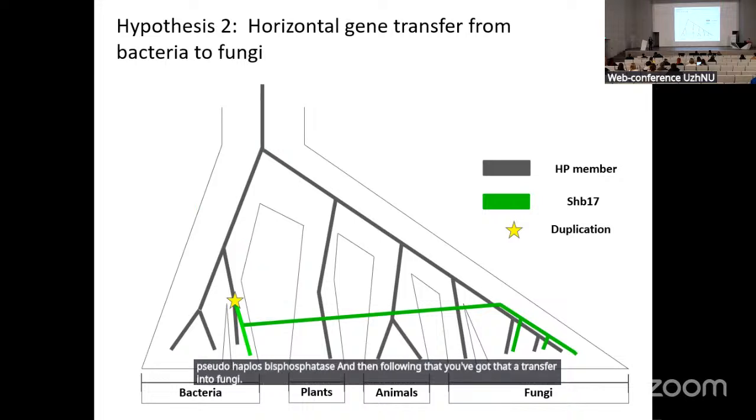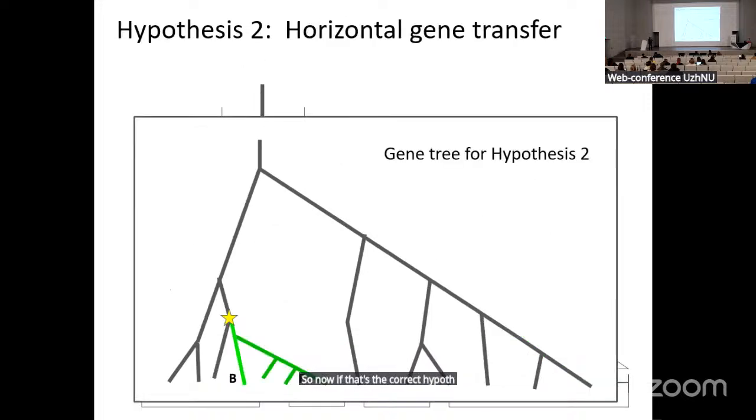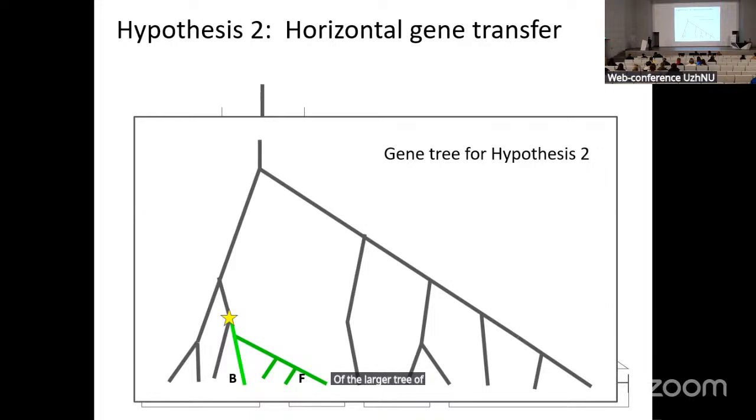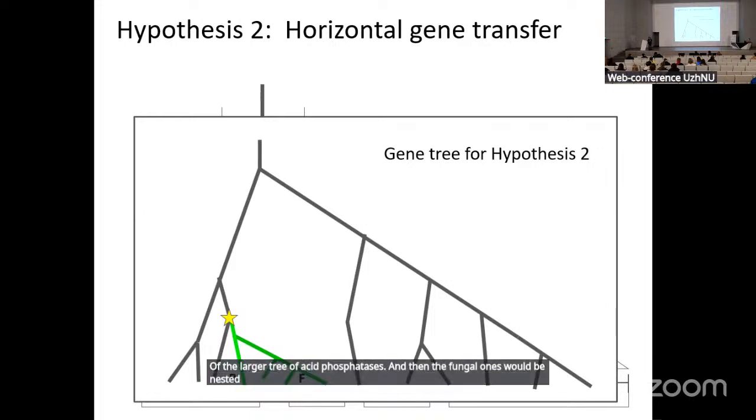So now if that's the correct hypothesis, you'd expect to see a tree like this where you've got the cytoheptulose bisphosphatases nested deep inside the larger tree of acid phosphatases. And then the fungal ones would be nested inside the bacterial sequences.